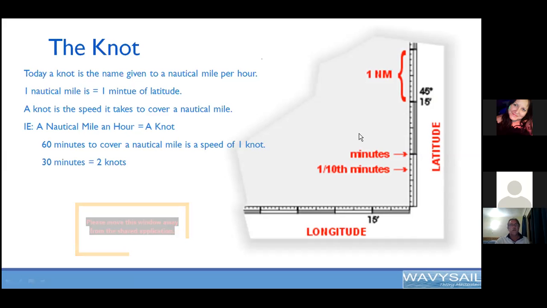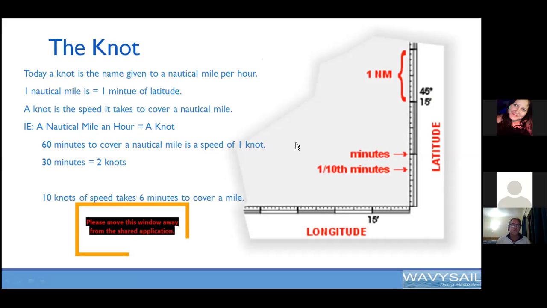Okay? So if we take 60 minutes to cover 1 nautical mile, we're doing 1 knot. If it takes us 30 minutes, we're doing 2, so on and so forth. So if we're doing a boat speed of 10 knots, it's going to take us 6 minutes to cover a mile.